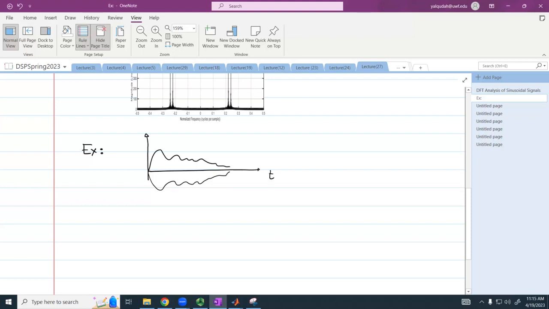So this is the time domain, and this is my signal. And I want to use MATLAB to plot the spectrum of this voice, similar to what you guys are doing in the project. So what is the first thing we're going to do? We're going to sample this signal, and therefore, we're going to get a discrete time signal. So once we record this signal, it's already in discrete form.